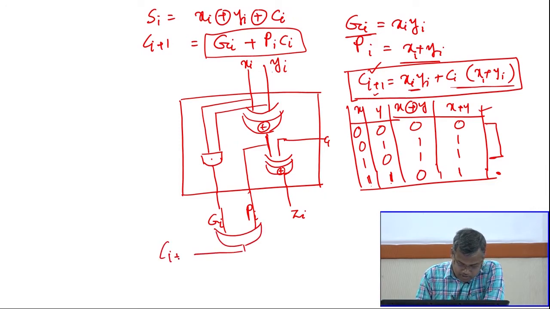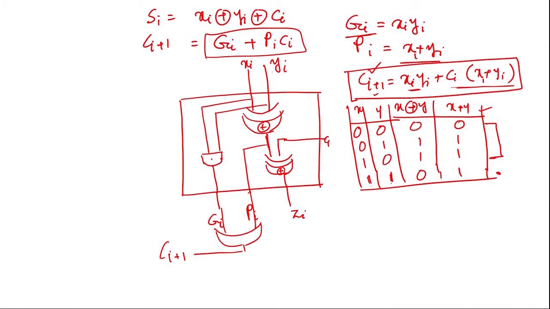Sorry, so here actually what you have to do, this is P I, and then you add C I, then you will get this G I, C I P I, and then you will get the C I plus 1.